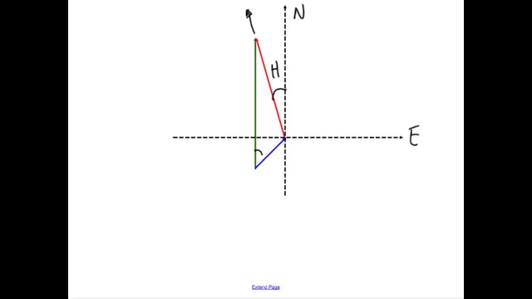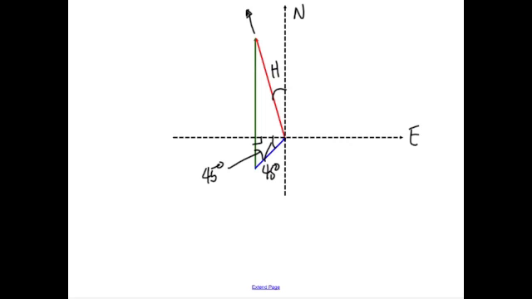I know this angle right here is 45 degrees. I know the angle between the blue and the red vector is about 124 degrees. This angle right here, the angle of the blue vector beneath the east-west axis, is also going to be 45 degrees, because this is a right angle.